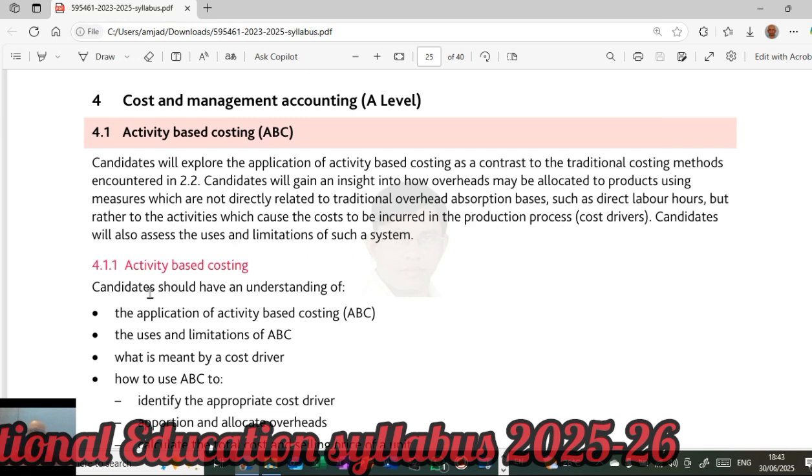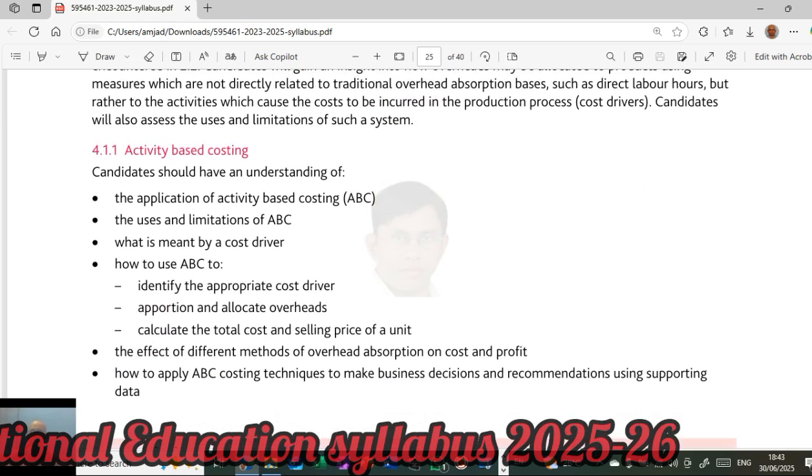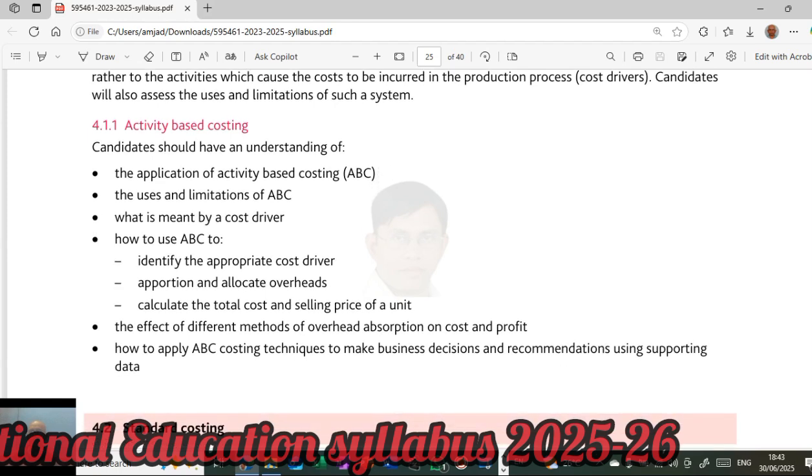So activity-based costing. Candidates should have an understanding of the application of activity-based costing, the uses and limitations of ABC, what is meant by cost driver, how to use ABC to identify the appropriate cost driver, apportion and allocate overheads, calculate the total cost and selling price of a unit, the effect of different methods of overhead absorption on cost and profit, and how to apply ABC costing techniques to make business decisions and recommendations using supporting data.